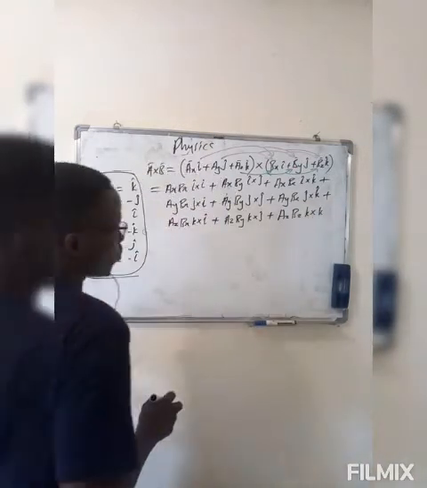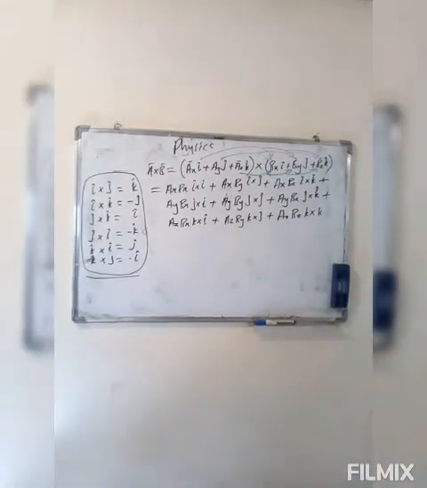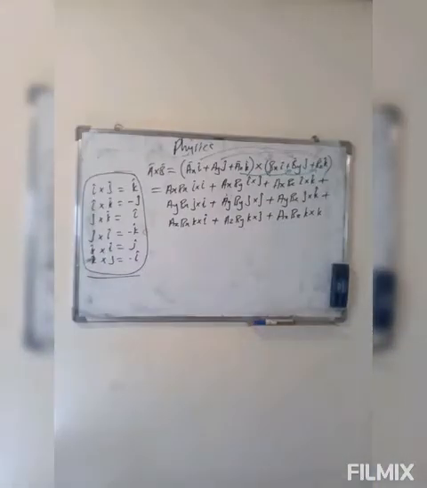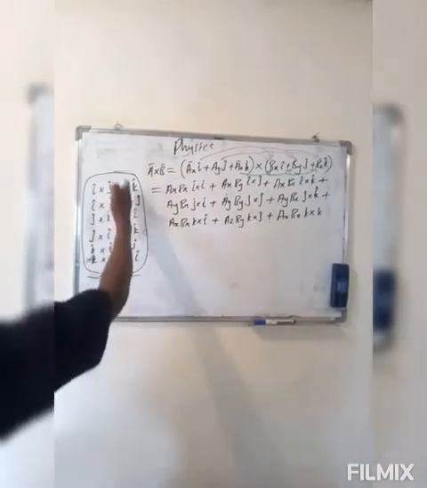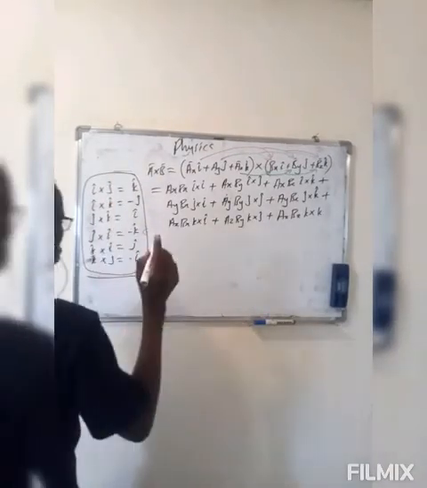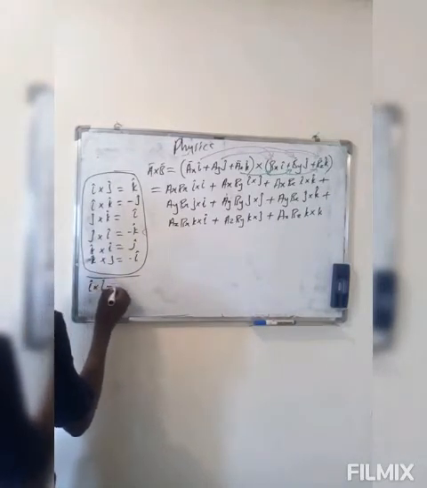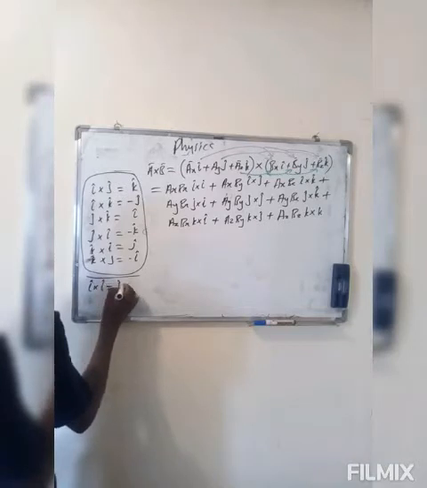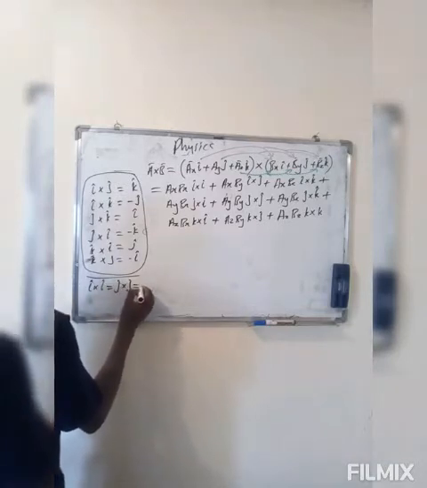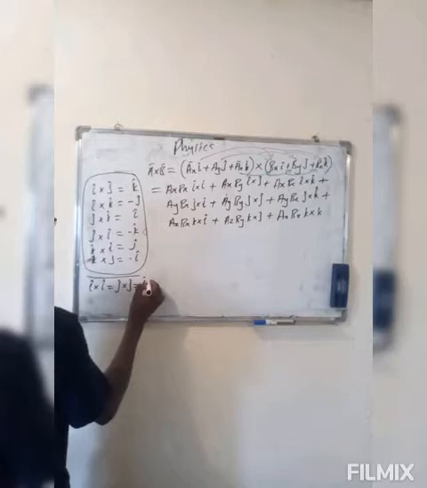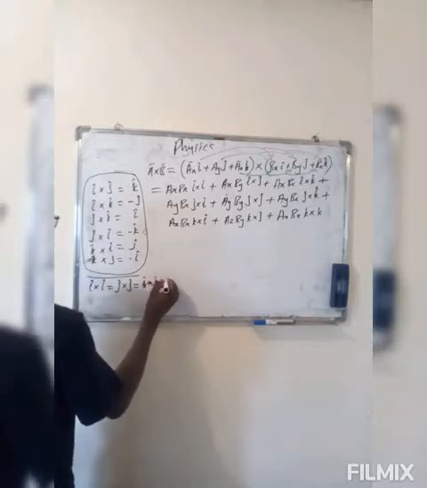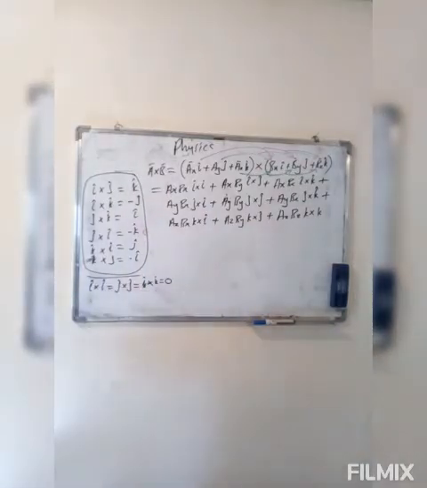Okay. Now, we finished multiplying, or rather expanding, right? Now, remember, we have these values, and we also said that i multiplied by i is equal to j multiplied by j, which is equal to k multiplied by k, which is equal to 0. Okay. So let's check out. Wherever we have i and i being multiplied, we should know that the answer there is 0.